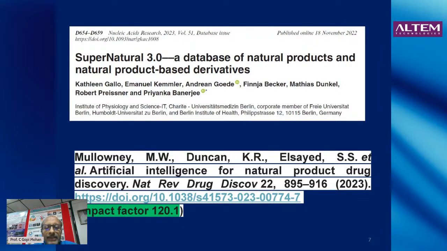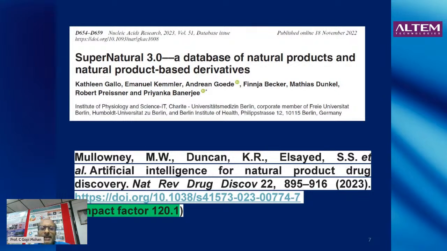And recently, you can see in Nature Reviews Drug Discovery, there is another classic paper which came around, which we call Artificial Intelligence for Natural Product Drug Discovery. So these are all very high impact journals. The impact factor is around 120 for this review article.